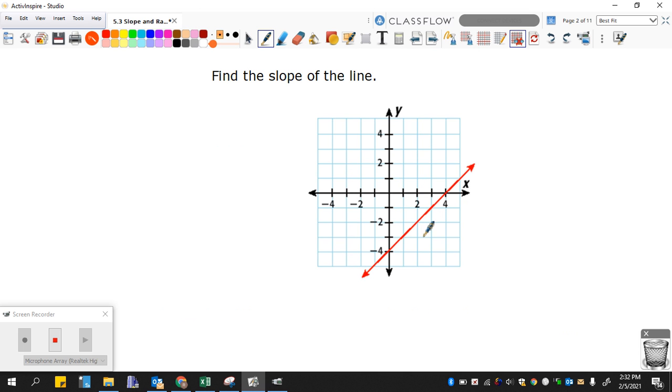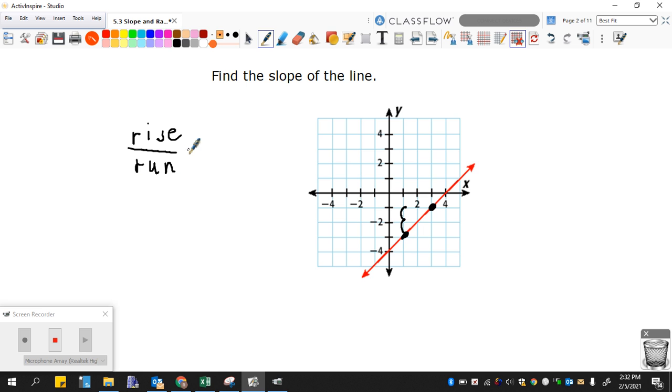To find the slope of the line, we're going to simply pick 2 points on the line, and we're going to write it as rise over run. So let's pick this point right here and this point right here. If we look at this, the rise would be 1, 2.